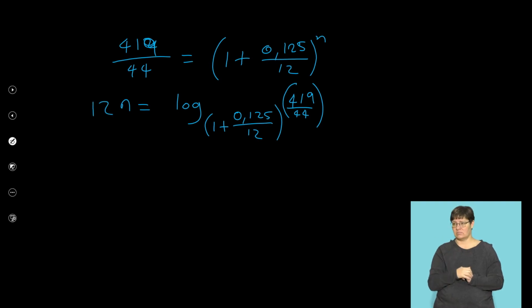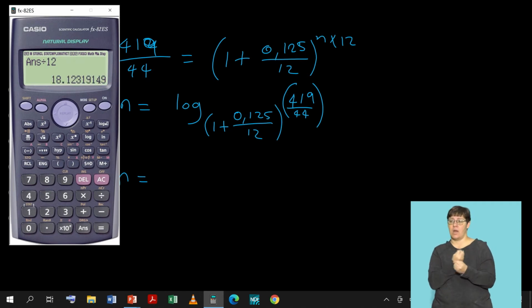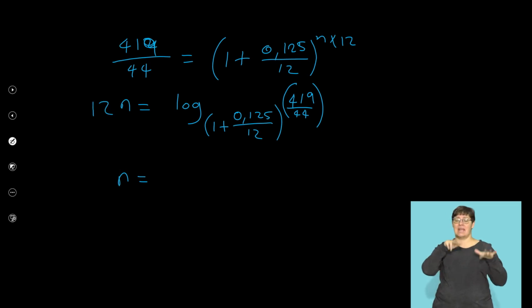But remember, this is 12n, by the way. So let me just quickly verify that. It means my n will be equal to this answer here. This is months. I need to divide this by 12 in order to convert it to years, which will then give me 18 years. So this will be 18 years.